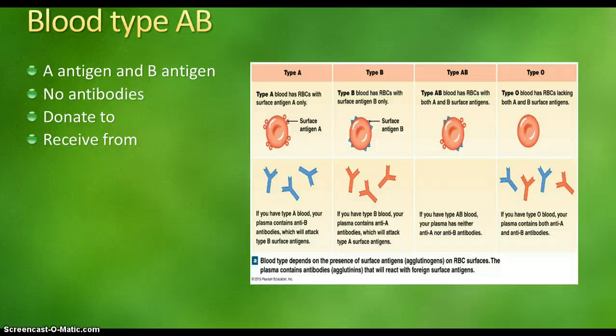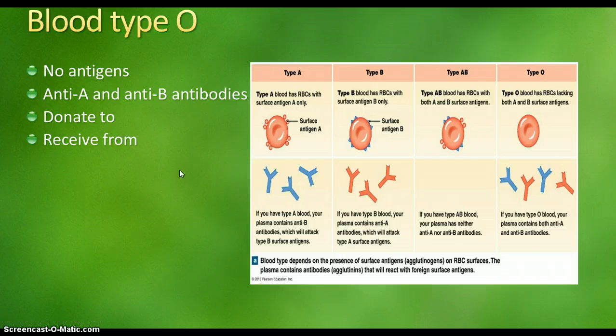These people are called the universal recipient because they can receive blood from type A, type B, type AB, and type O because they have no antibodies. However, they can only donate to themselves because all of the other bloods have the antibodies that match the antigens that they have.